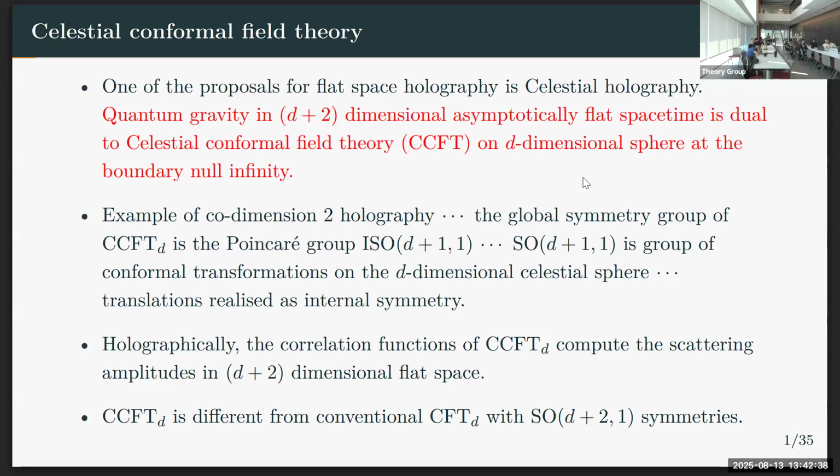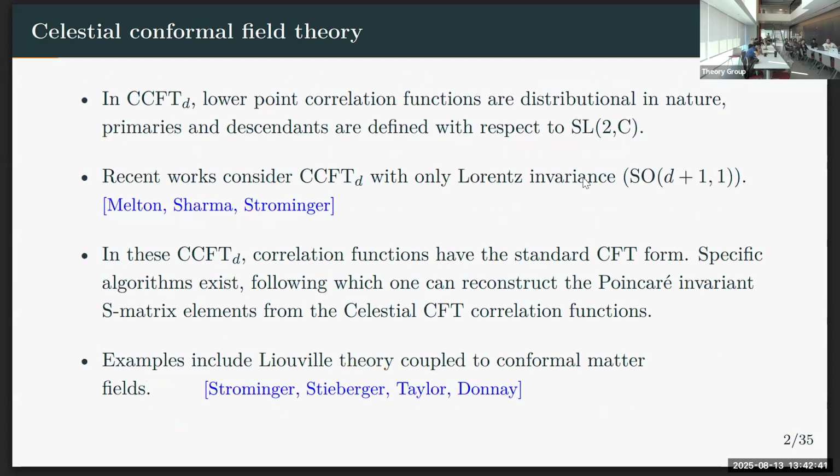The second thing is that in the celestial conformal field theory, the lower-point correlation functions, like 2-point functions and 3-point functions, are distributional in nature. That means there is a Dirac delta term associated with the spatial dimensions, unlike in the conventional CFT, where you have a power law. Here you have this distributional nature, and this is an artifact of momentum conservation in the scattering amplitude.